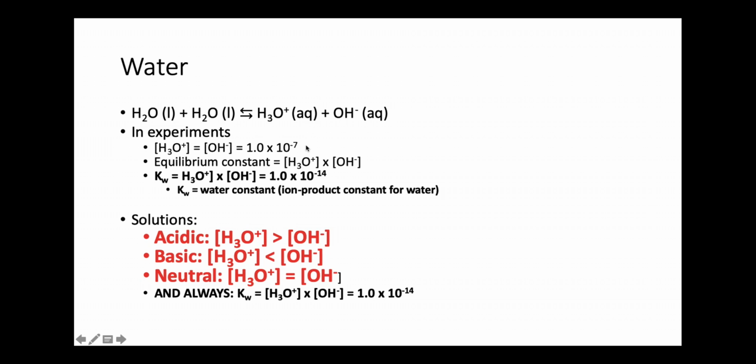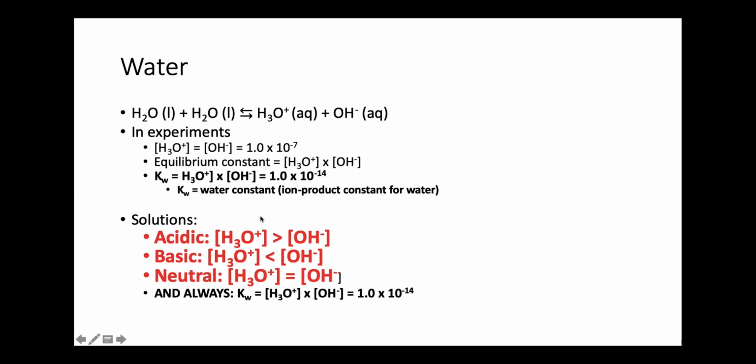An experiment showed that the concentration is 1.0 times 10 to the negative 7. And now we can assess the value for my equilibrium constant. Concentration H3O+ times concentration OH- is 1.0 times 10 to the negative 14. And that's what we call the water constant. So remember, that's really important. We'll come back to it many times later in this chapter. So the water constant, 1.0 times 10 to the negative 14.